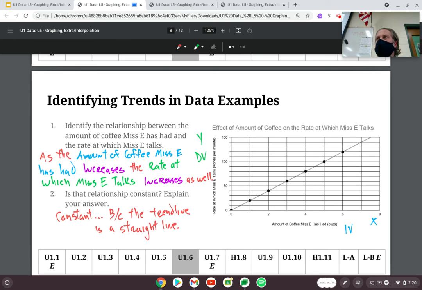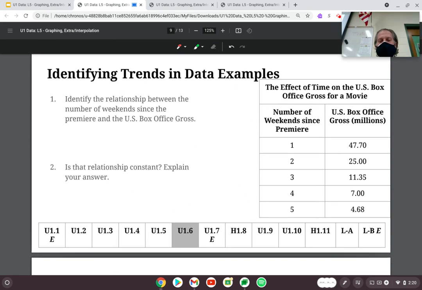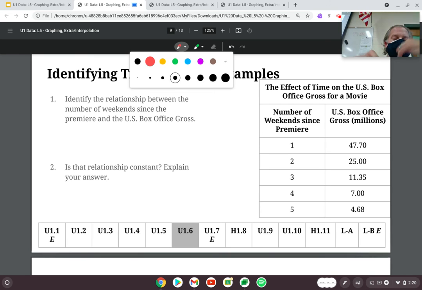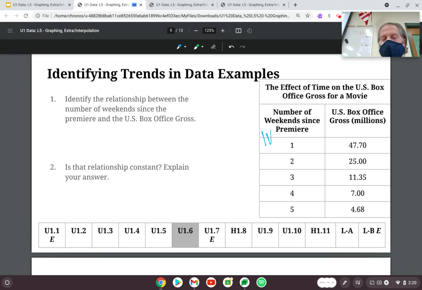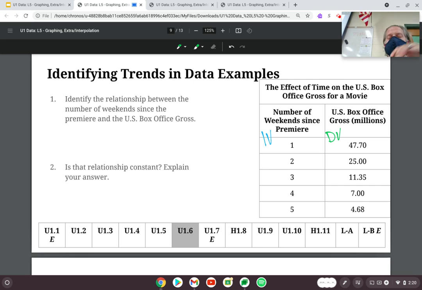Another example. All right. Here we have a data set. I'm going to recall from earlier and yesterday that the independent variable, the IV, is over on the left-hand side, and the dependent variable, the DV, is on the right-hand side of my data table. So that tells me some stuff.